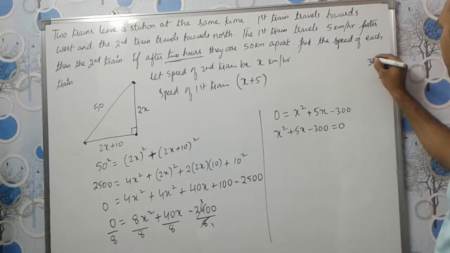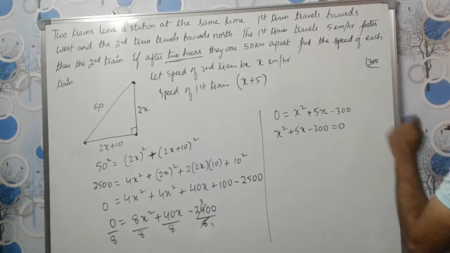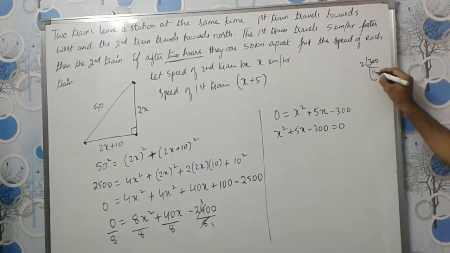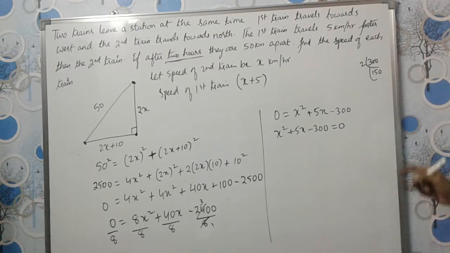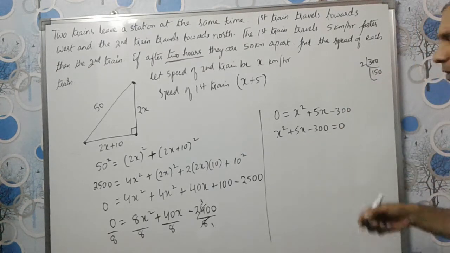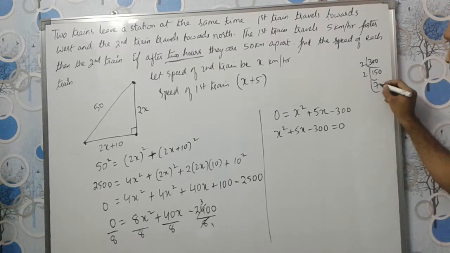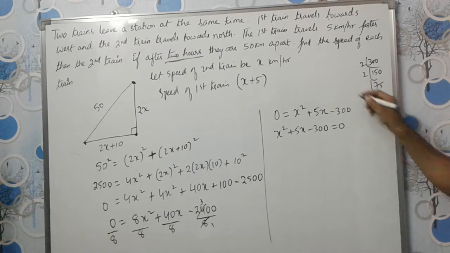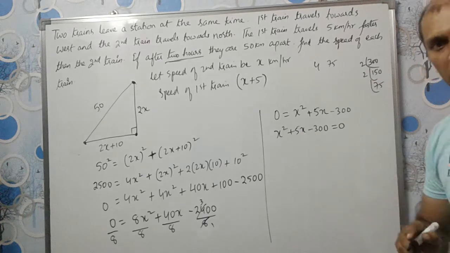Now let us find the factors. See, 1 into 300 is 300. 2 goes in 300 150 times. Can we use 2 and 150 to write plus 5? No. Let us divide this further. So now can we use 4 and 75? 2 twos are 4 and 75. Can we write the middle term plus 5?